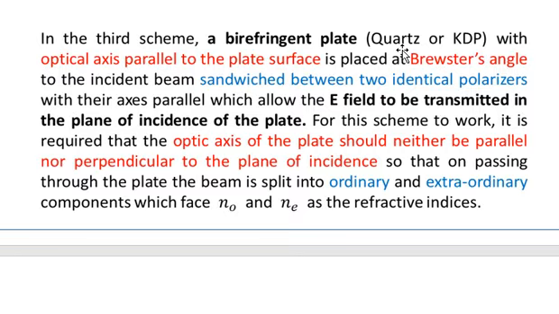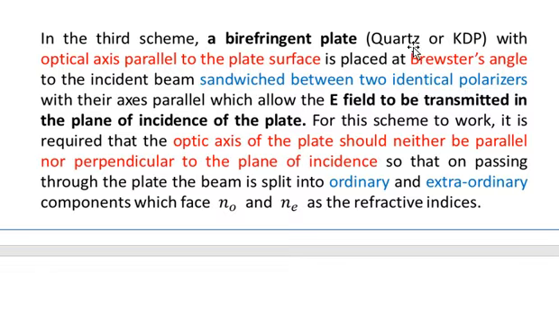So for the plate, we have to satisfy two conditions. One condition is that the optic axis of the plate, that is quartz or KDP, should be parallel to the plate surface. The second condition is that this quartz plate should be placed at Brewster's angle to the incident beam from polarizer 1.